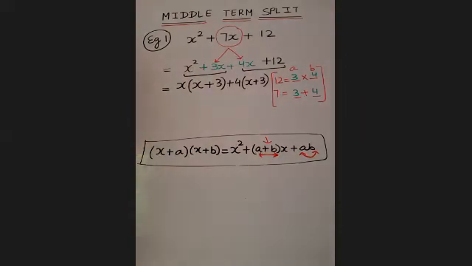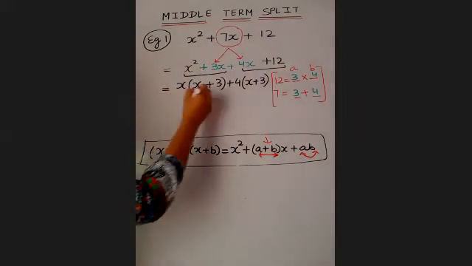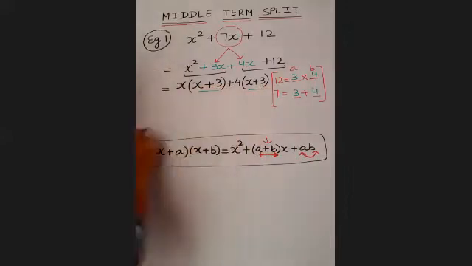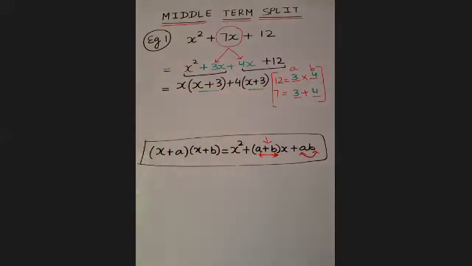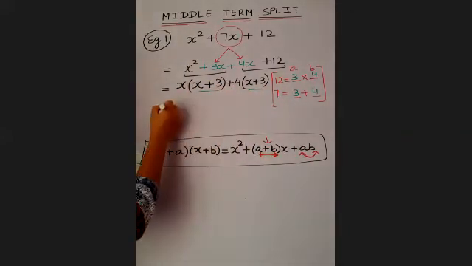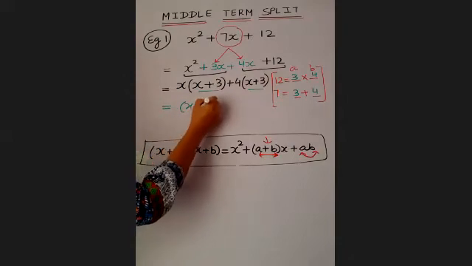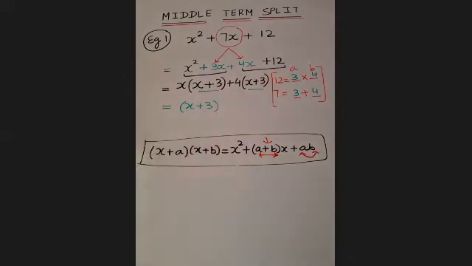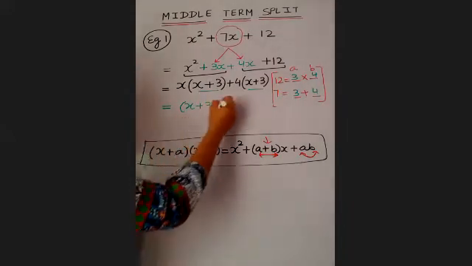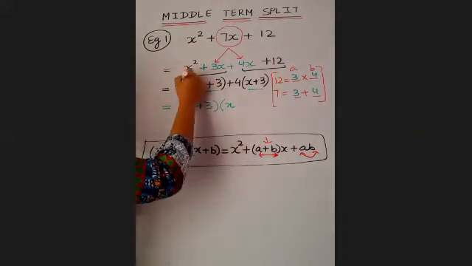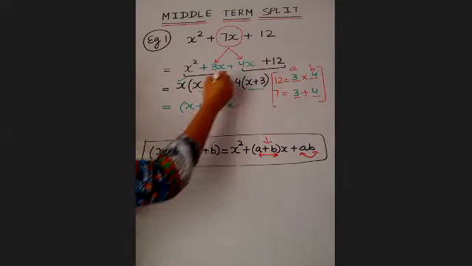Be clear that these two brackets must be same. Now, when these two brackets are same, I can write x plus 3 common, taken out by the distributive property, and in the next bracket, I will have x plus 4.